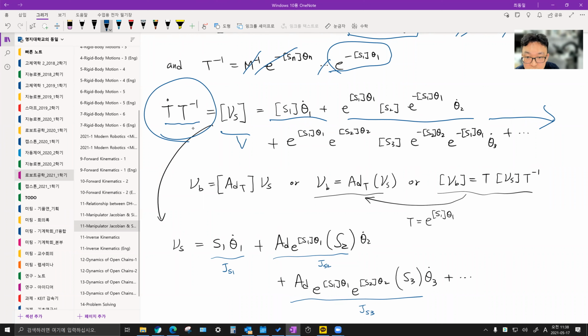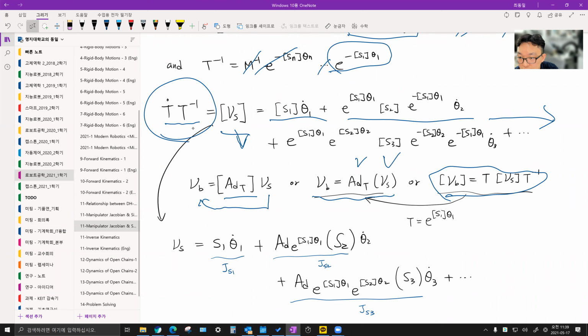small se3 form. So let us see about this one. If there is a T matrix, a homogeneous transformation matrix, the adjoint of T converts the space twist to the body twist, and the other format is something like this, and this is equal to this expression.